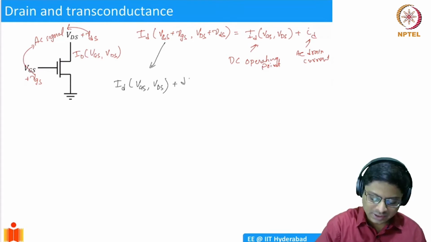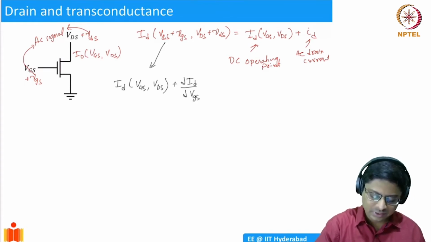So dID by dVGS, I should write it as capital VGS, into the small signal vgs, yes, plus, at constant VDS.